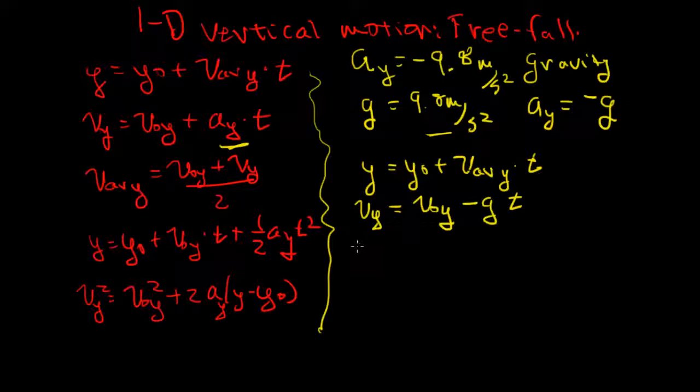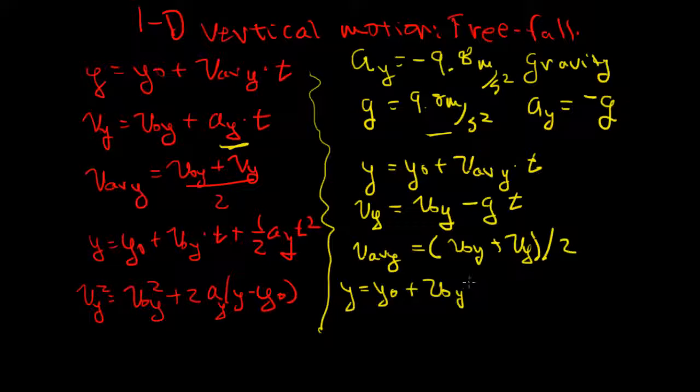Similarly, I get v average y, this one is unchanged, is equal to v naught y plus vy divided by 2. And then I get y is equal to y naught plus v naught y times time minus 1/2 g times time squared. In other words, I replace the a sub y with a minus g.